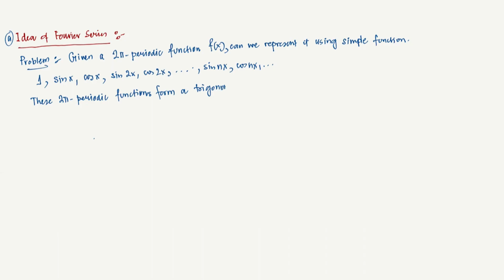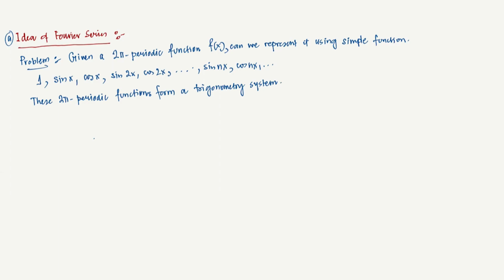Nothing special, it's just a name. All of this bunch of functions put together is called a trigonometric system. Essentially what we want to do is, given a 2 pi periodic function, represent that function using elements from this trigonometric system. Okay, so basically we are using a trigonometric series.